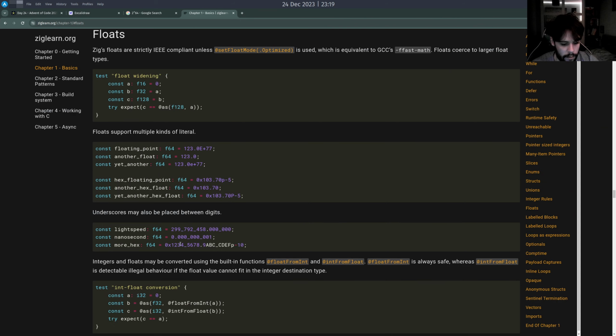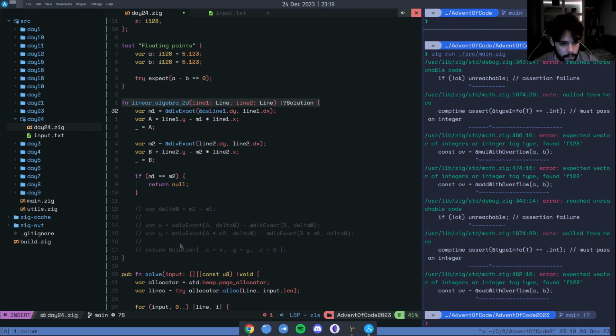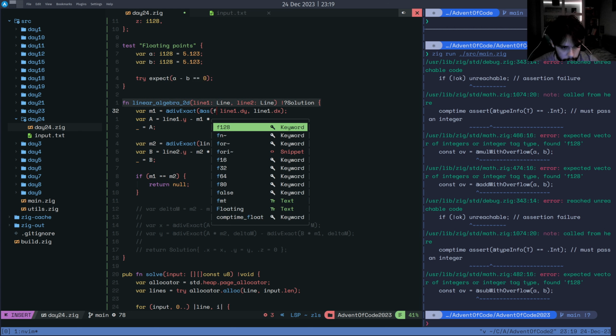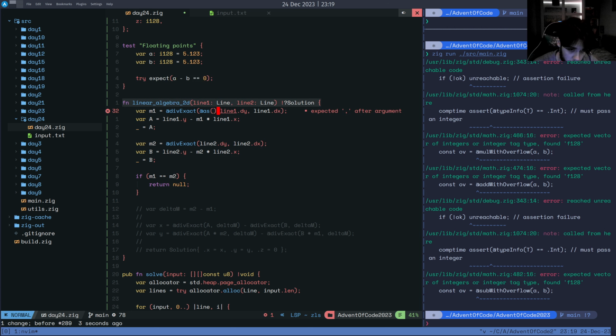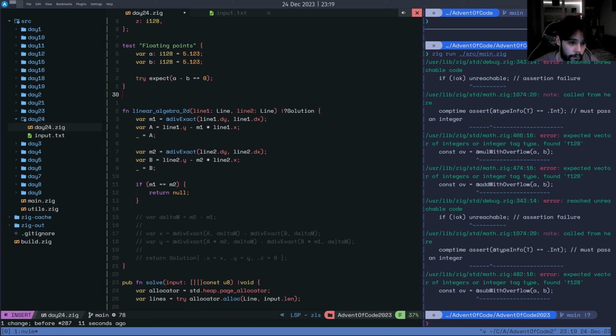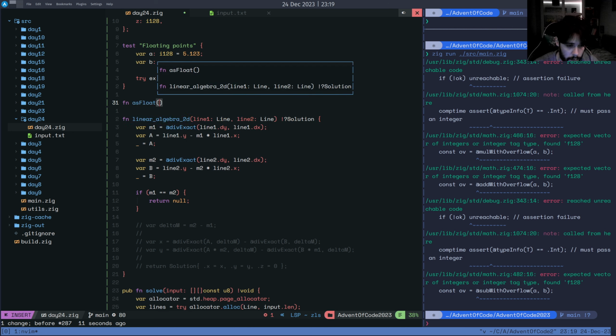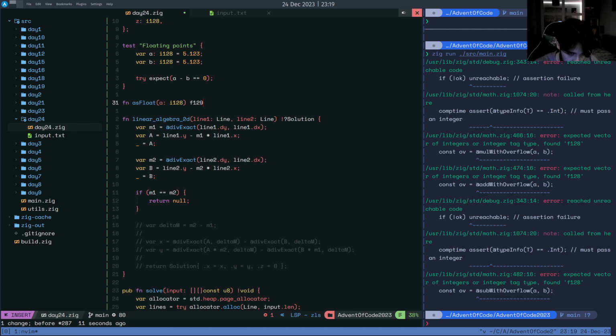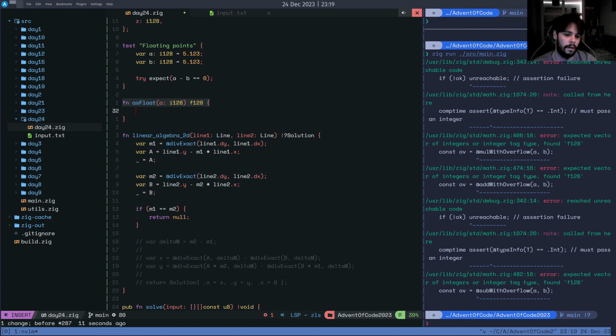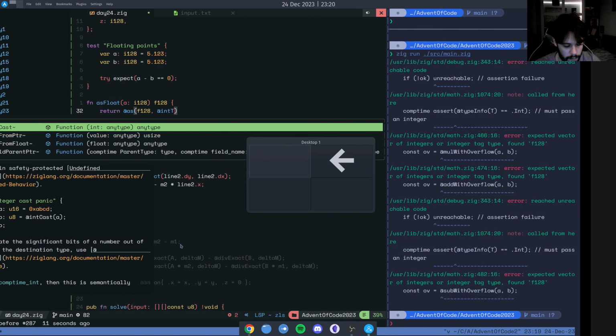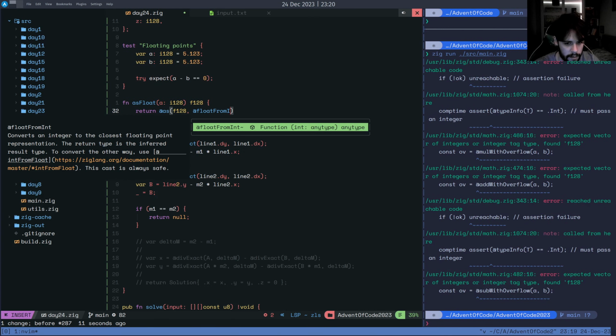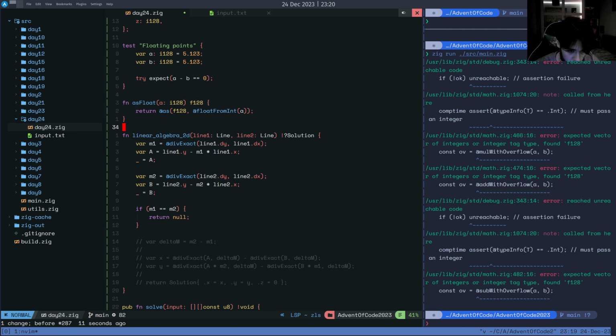What was it? Float takes in A, which is an I128, returns an F128. Return at as F128, int to... what was it? Float from int of a.